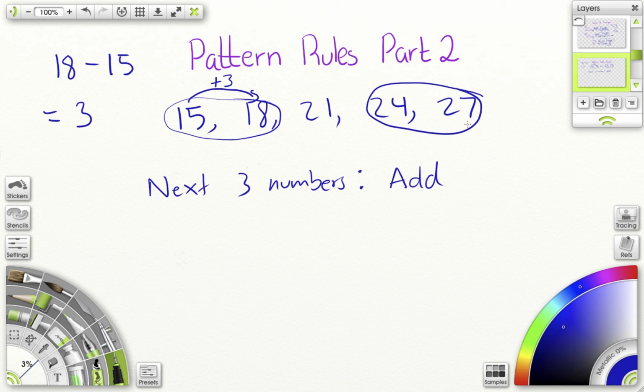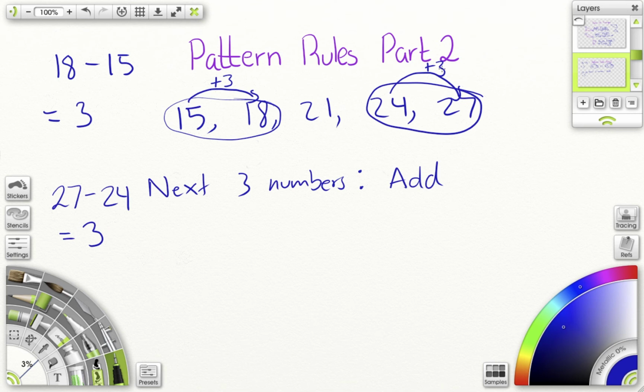So I take 27, my bigger number, minus 24, and that gives me 3. So to get from 24 to 27, I added 3. This is how you figure out the pattern rules: you look at your string of numbers and figure out what it's going up by or what it's going down by each time. And that gives you the pattern rule.